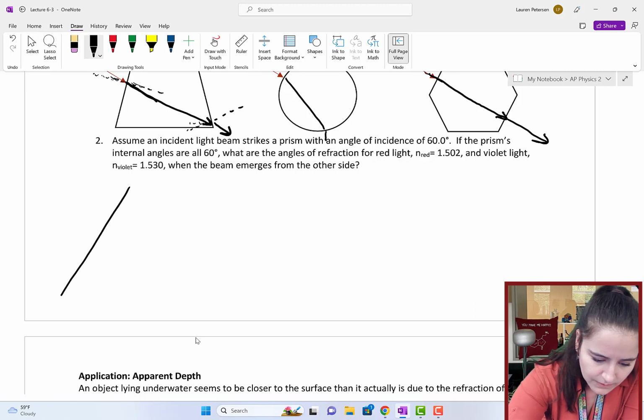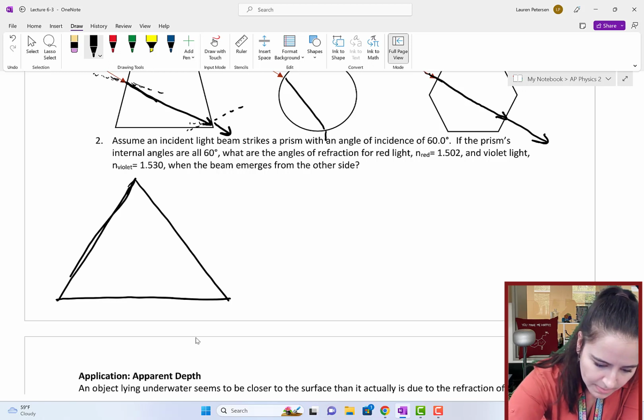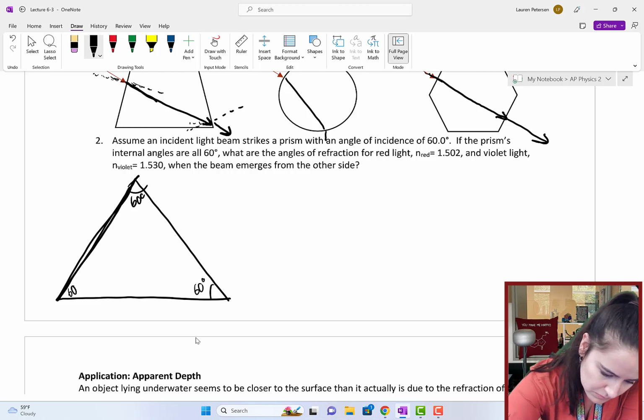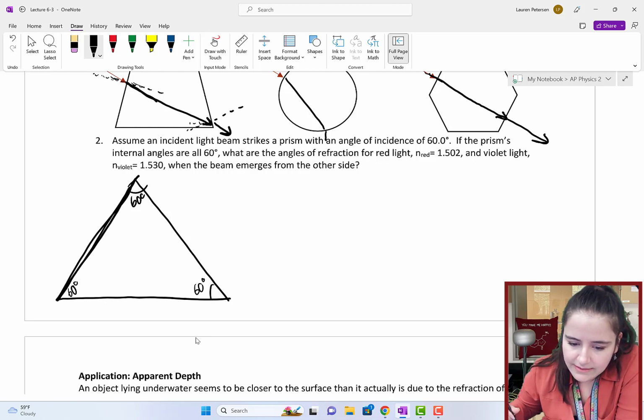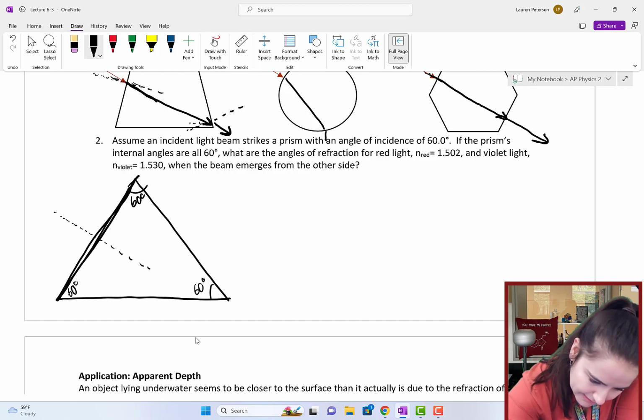So we have a prism. The internal angles are all 60 degrees. And then the incident light beam is striking it with an angle of 60 degrees. Okay, so I'm going to try to draw the normal line in here.